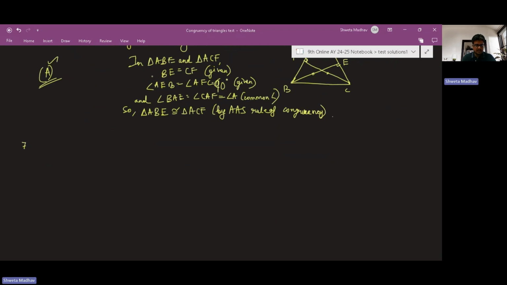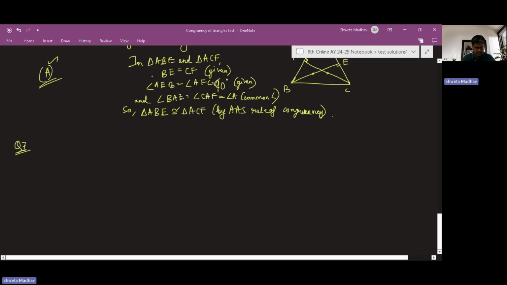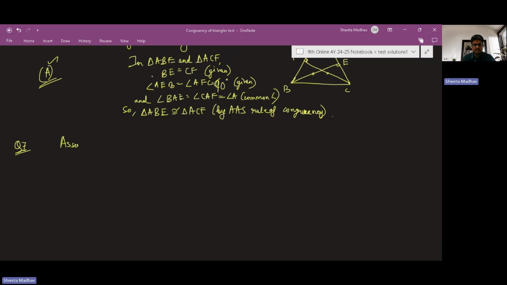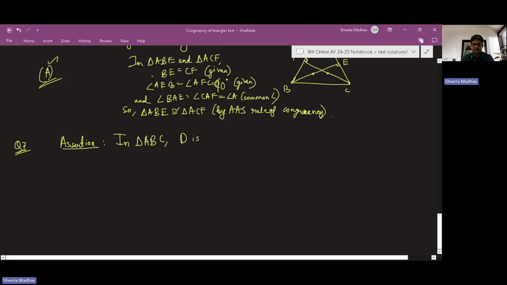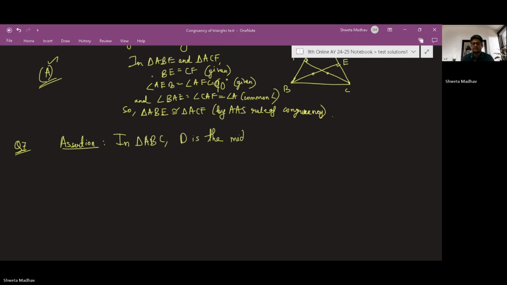Then in question number 7, the assertion is given as: in triangle ABC, B is the midpoint of DC.